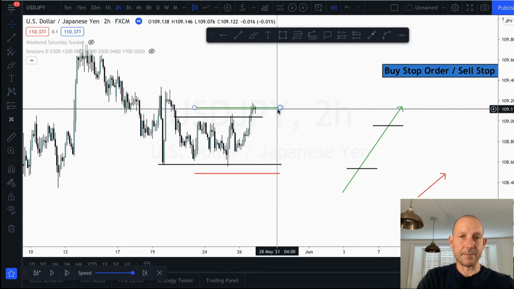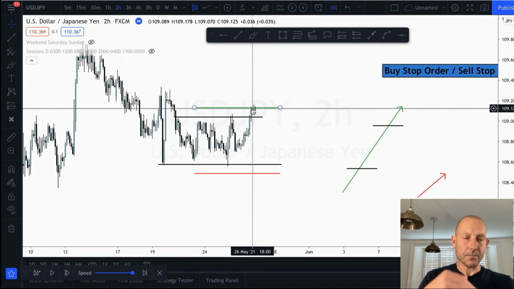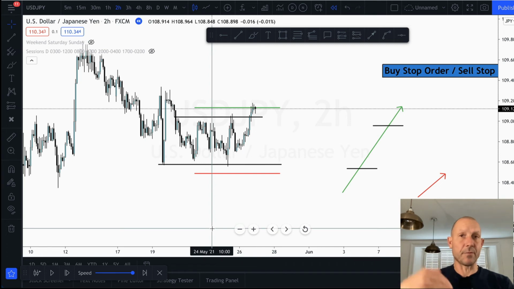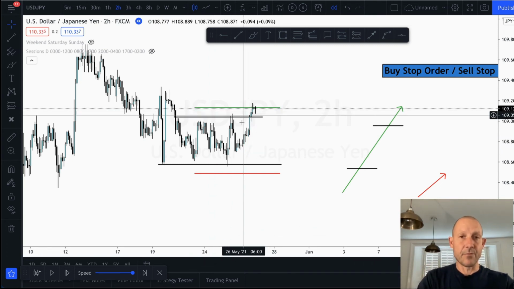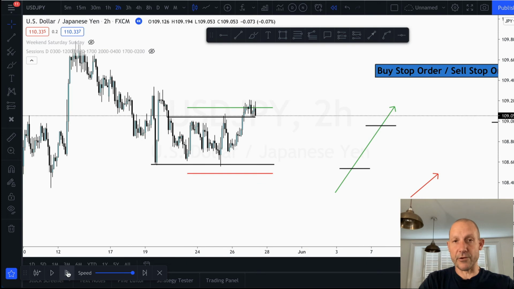I just want to explain the buy stops and sell stops. So at this point here, you would now be in a buy position in the market, and you'd hope that price would carry on in a bullish direction. Because you've given it a bit of breathing space from this consolidation, you'd hope that it would carry on moving in a bullish direction.